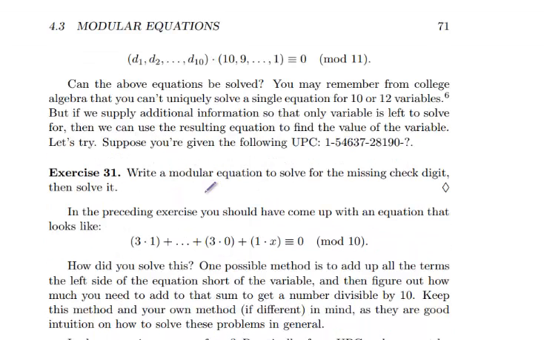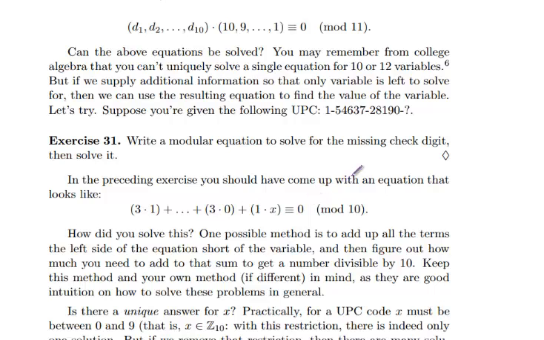For instance, if you wanted to find the last digit here, knowing these 11 digits, you could come up with an equation with a single variable. So the question is, how do you solve in general modular equations that look like this?